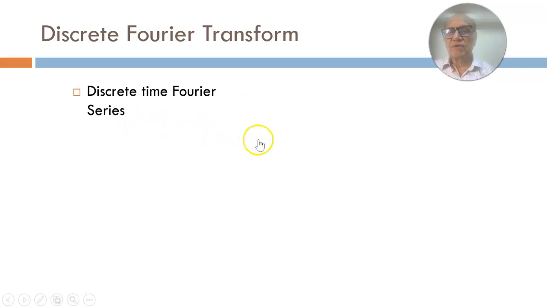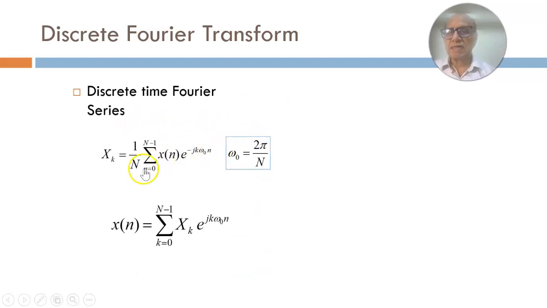So discrete time Fourier series, as we studied last time: x[n] is a periodic signal whose period is N, that is, it repeats after capital N number of samples.